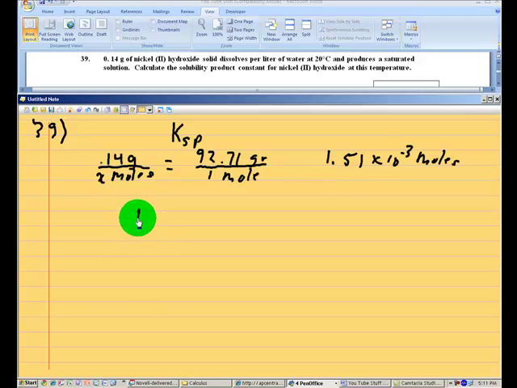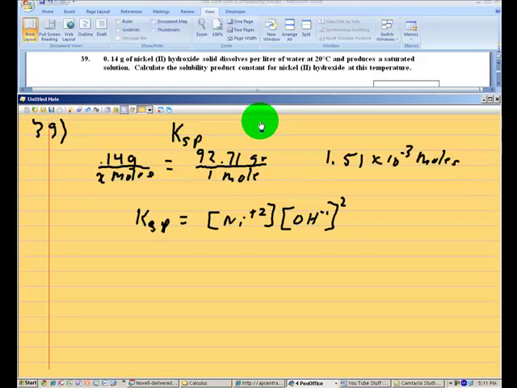So the KSP is going to equal the concentration of the Ni plus 2 and the OH minus 1 squared. Now it might help if we were to write this out as a reaction so we could see it better. Should have done that probably at first. So nickel hydroxide is Ni(OH), but it tells us that the nickel has a charge of plus 2.